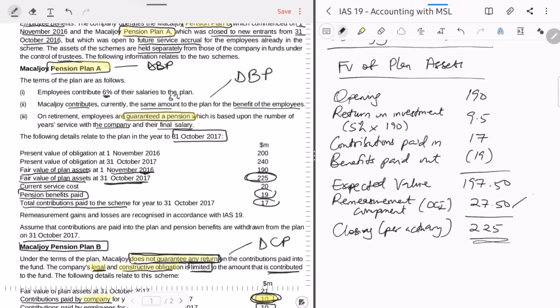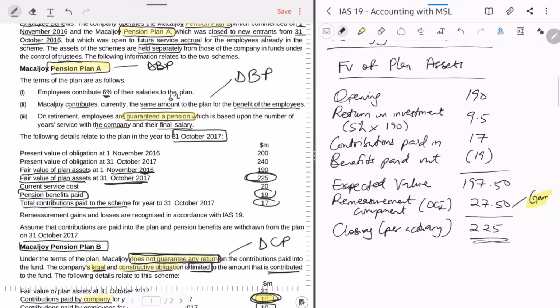To me, this is clearly what? A gain. Why is it a gain? You were expecting to have 197 as assets. Actuary is saying that no, you actually have 225. Assets are good things, right? So you have more of a good thing. This is clearly a gain, right? I hope that analogy helps, but this is clearly a remeasurement gain that we take to OCI.